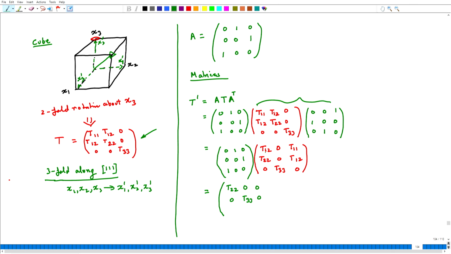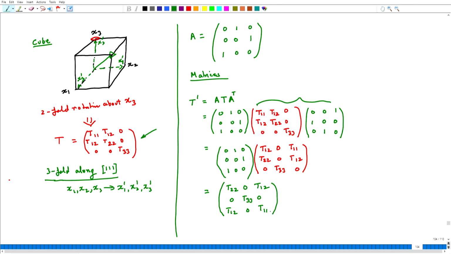Then third row, first column I get T12, third row, second column 0, then third row, third column will be T11.